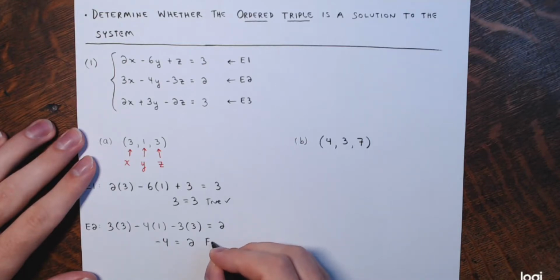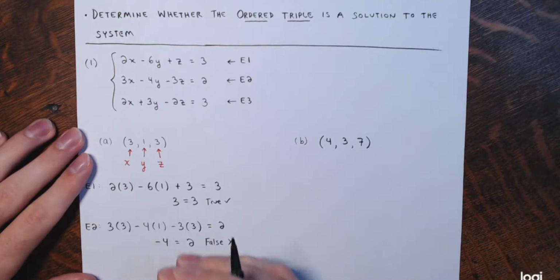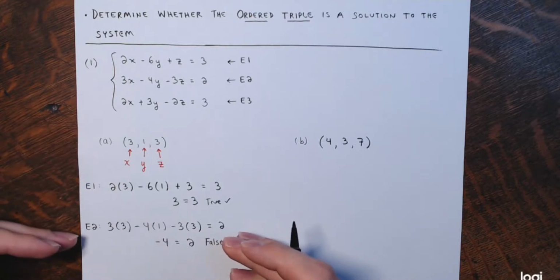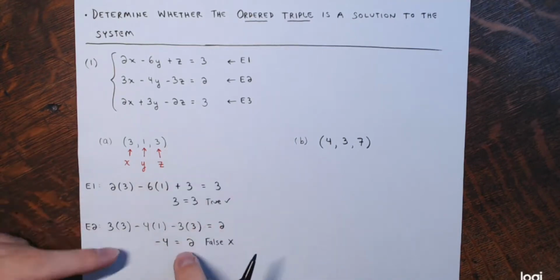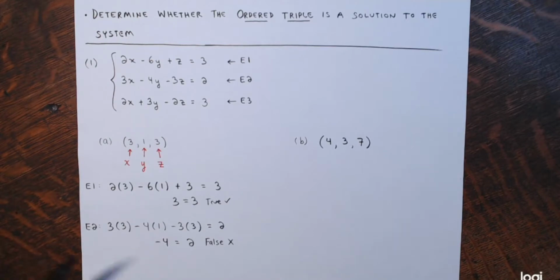This is clearly a false statement. I'll put a big X next to that. Now, because I have found an equation that is made false by our ordered triple, I can stop. I don't need to check the third equation.